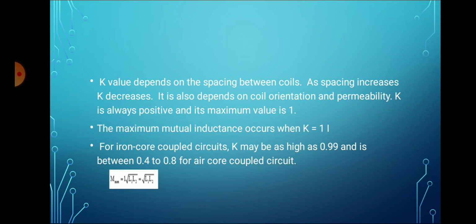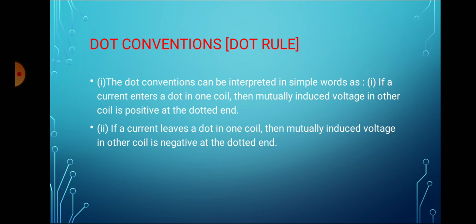The value of K depends on the spacing between the coils. As the spacing increases, K decreases. K is always positive and its maximum value is 1. The maximum mutual inductance occurs when K equals 1, and so M maximum is equal to square root of L1 L2.